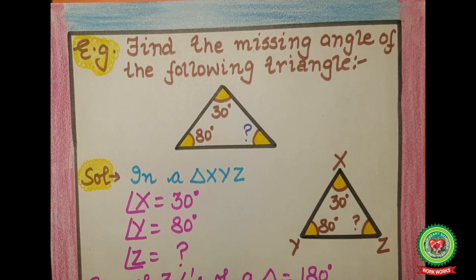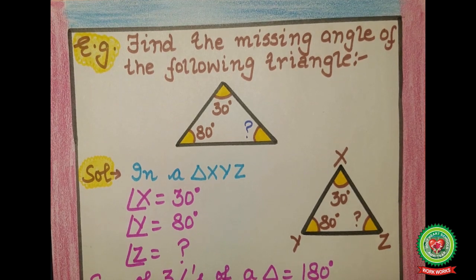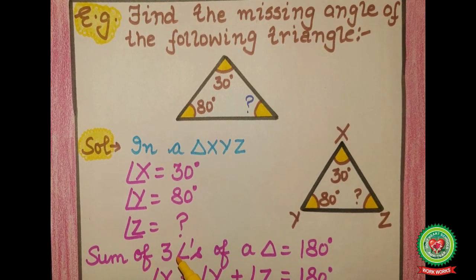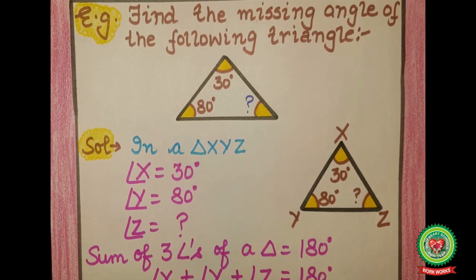Yes, write down the angle sum property. And what is the angle sum property? Sum of three angles of a triangle is equals to 180 degree. Yes, so let's write down sum of three angles of a triangle is equals to 180 degree.